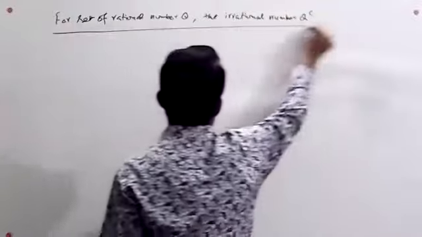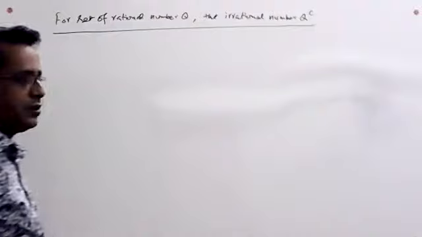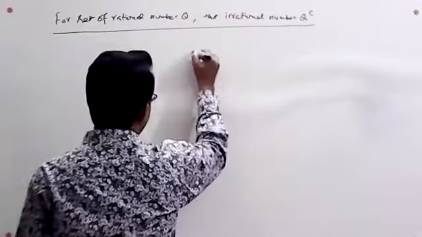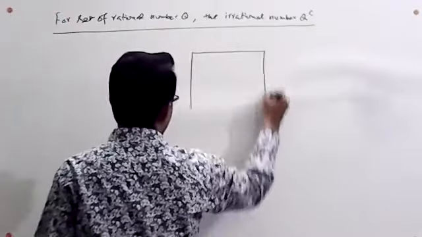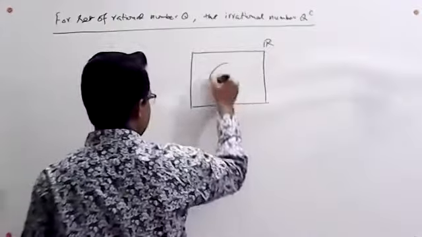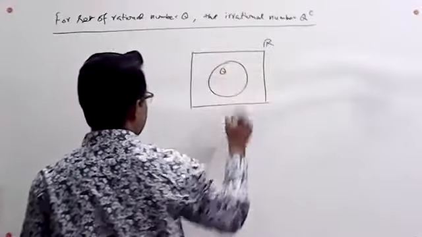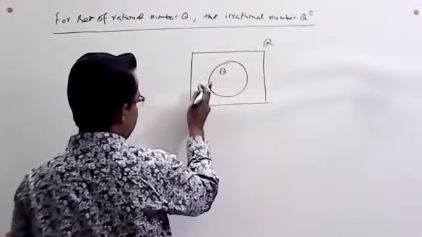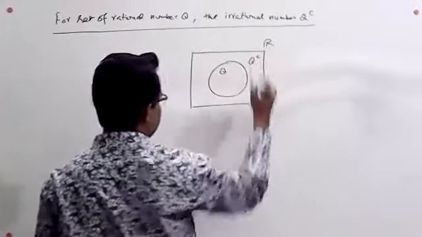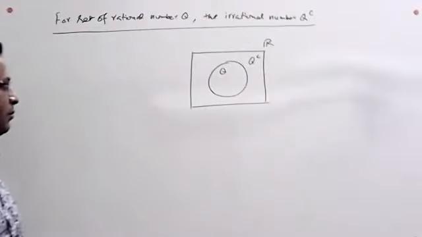For these two sets, we try to discuss frontier point and boundary point. Suppose it is the set of real numbers R and it contains the set of rational numbers Q. Then the outside of this circle will be Q complement, the set of irrational numbers.